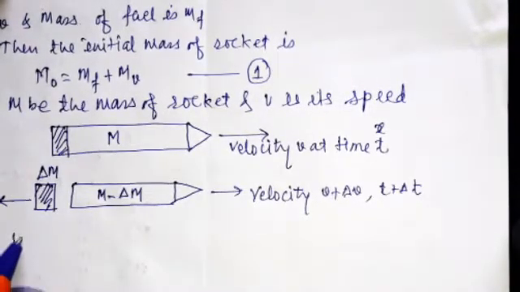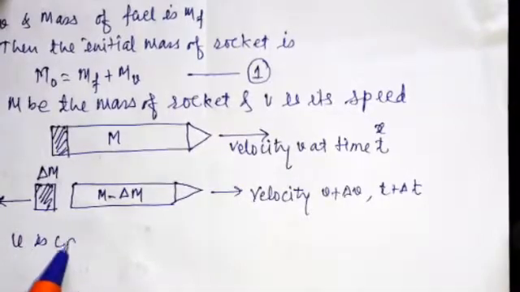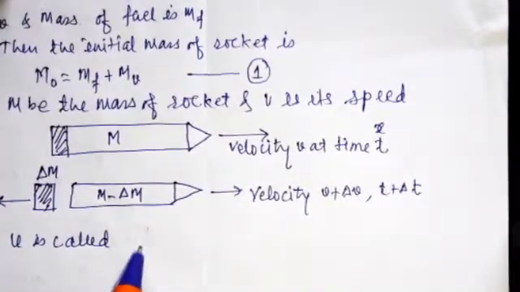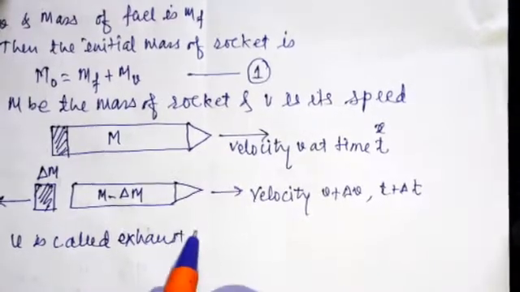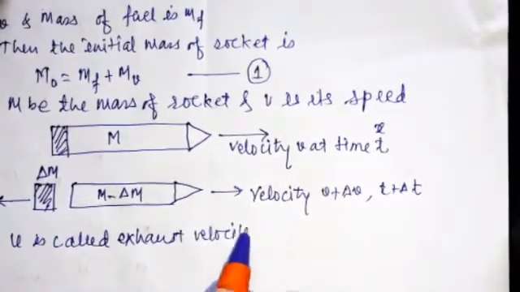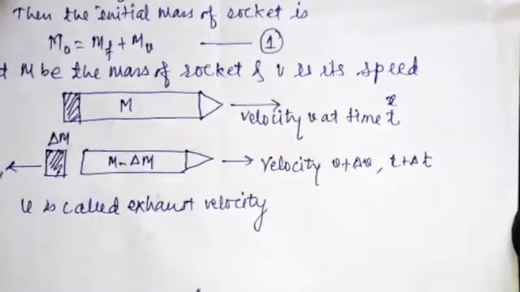So we can write u is called exhaust velocity. So here at time t we can find out the linear momentum.